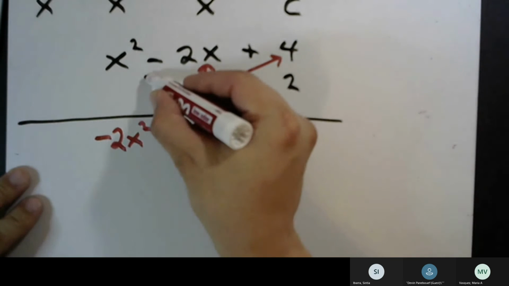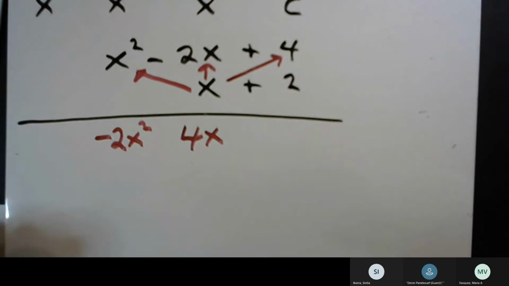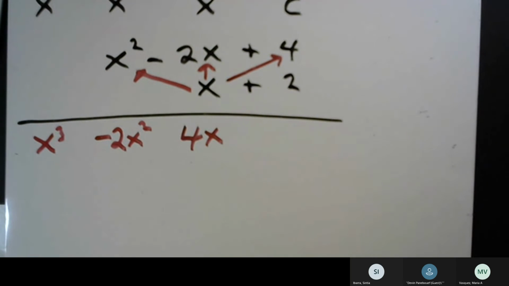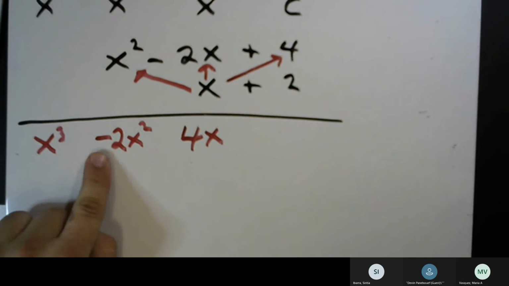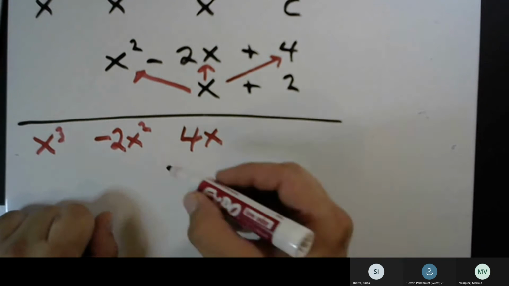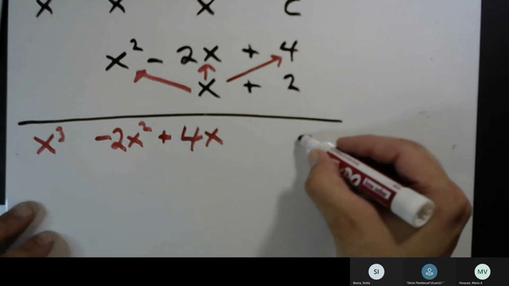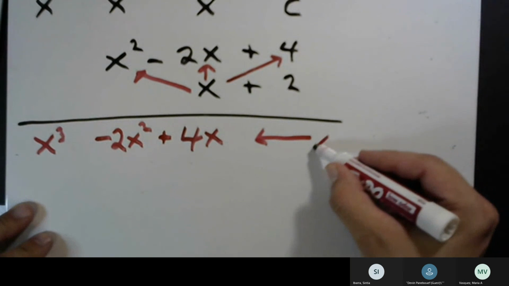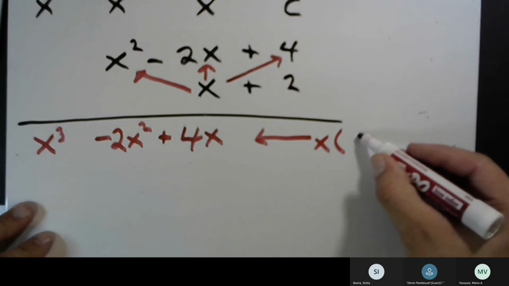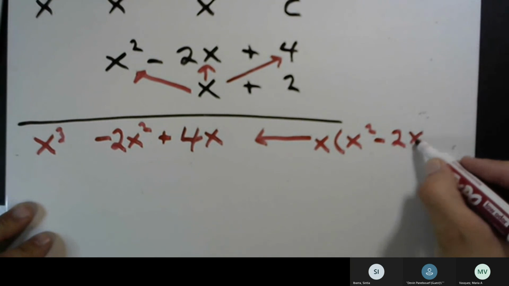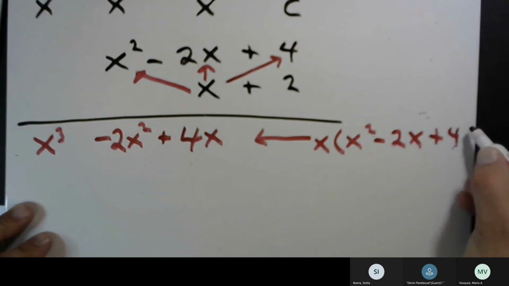And then x times x squared is x cubed. We want to make sure the signs show up, so this is a negative 2x squared, and this is a positive 4x. Another way you could remember this is just x distributed to x squared minus 2x plus 4.